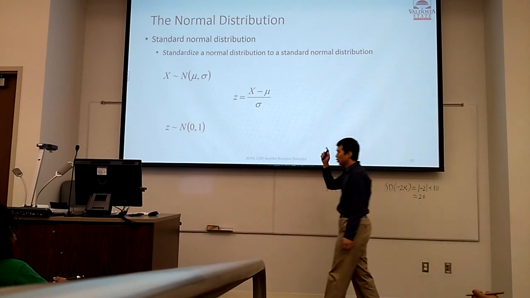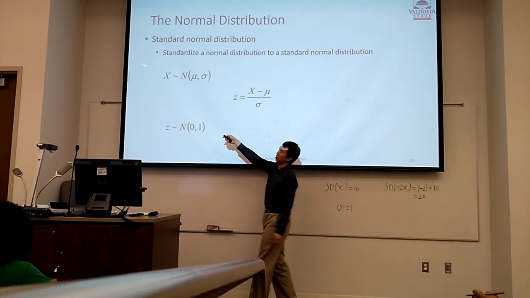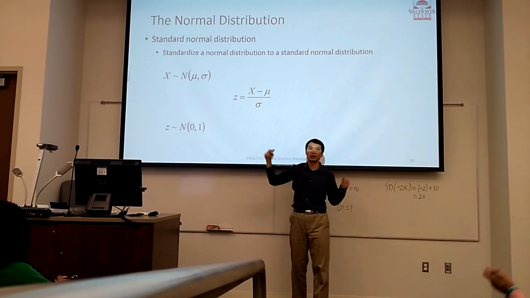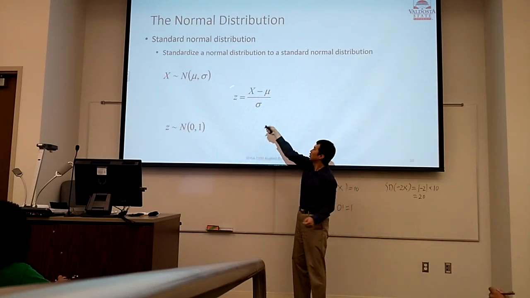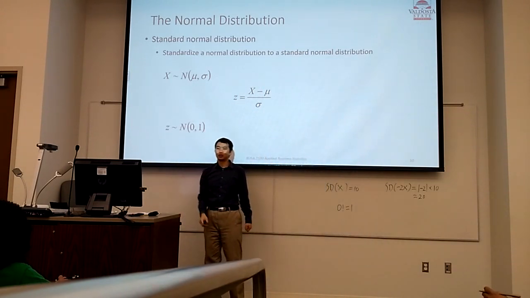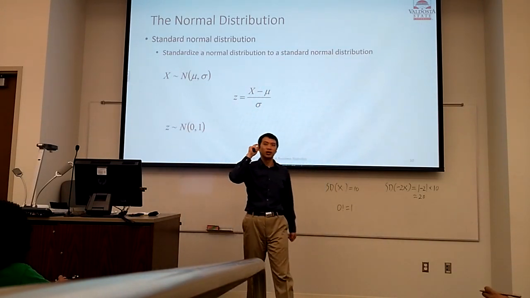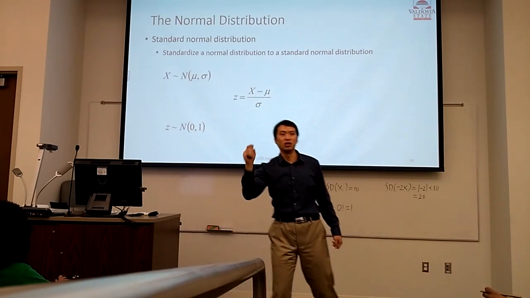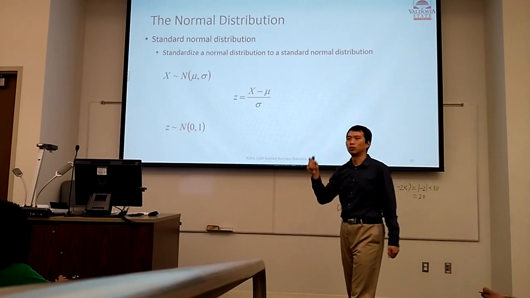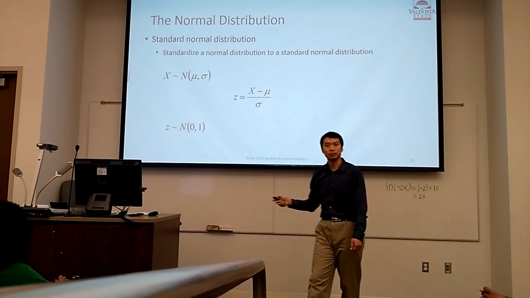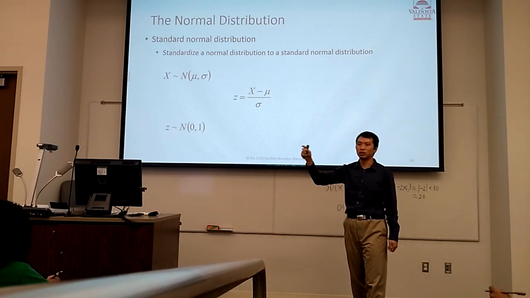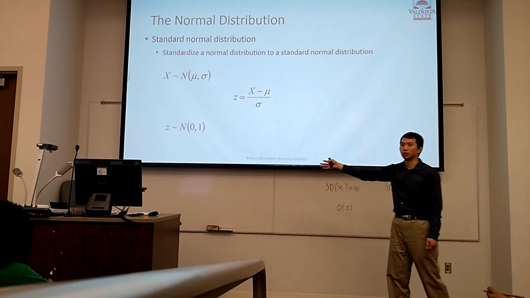So that's why for the regular normal distributions, we use the random variable x, because we use this formula. And for the standard normal distribution, we use the letter Z to denote a standard normal random variable. Okay. So this is the formula we use to transform a regular normal distribution to a standard normal distribution.